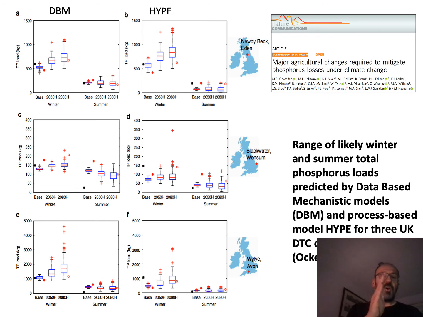And we've got a range of scenarios based upon the base condition, 2050s high, 2080s high, for both winter and summer rainfall. So a whole range of scenarios which we were evaluating with this modelling exercise.